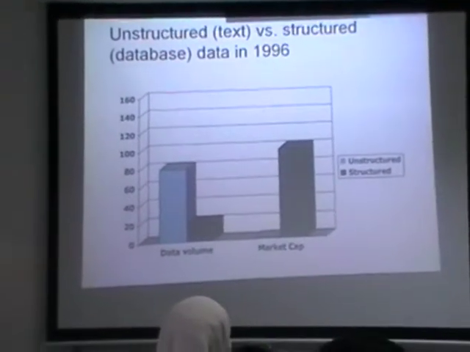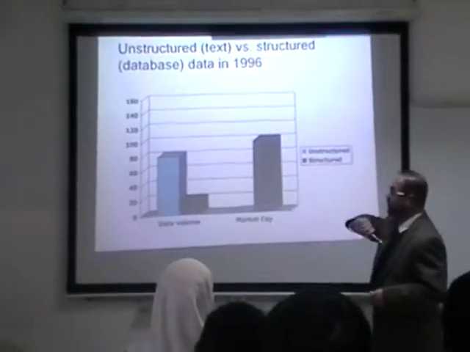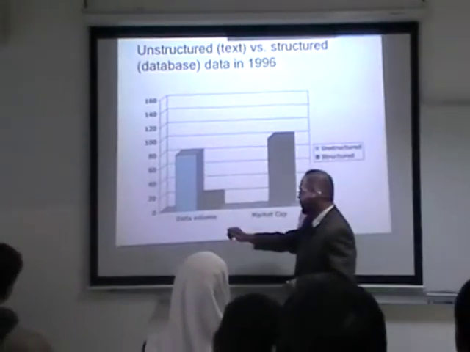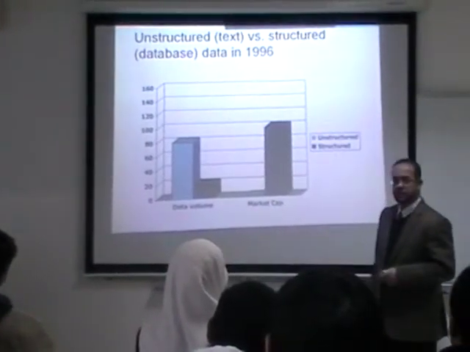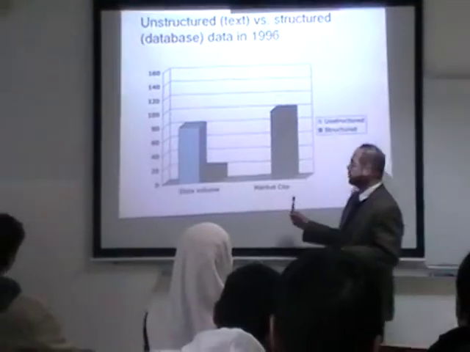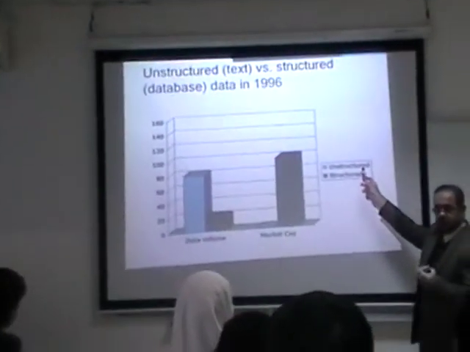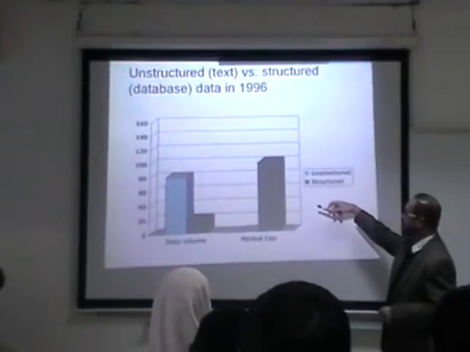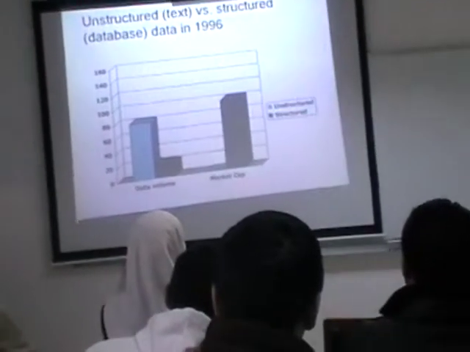We have this slide that shows, in 1996, the volume of data and the market capitalization. The blue is the unstructured data, which is the texts and documents. Structured is like relational databases, Oracle, SQL Server.